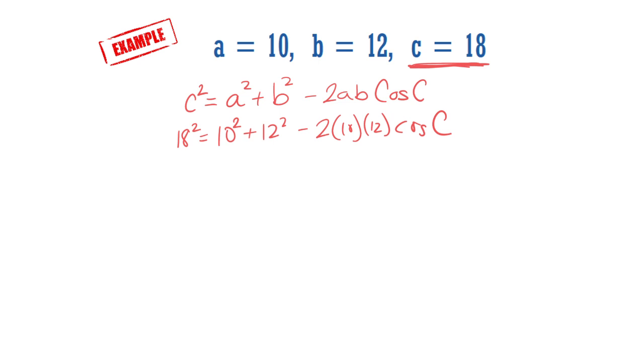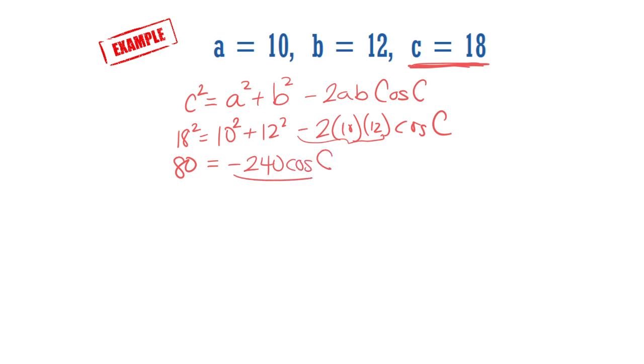In my calculator, I'm going to do 18 squared minus 10 squared, or I could just write 100, minus 144, and see what we get. I got an 80. And then that's going to equal, this is still there, and I'm going to multiply that together. That's a negative 2 times 120, so negative 240 cosine C.